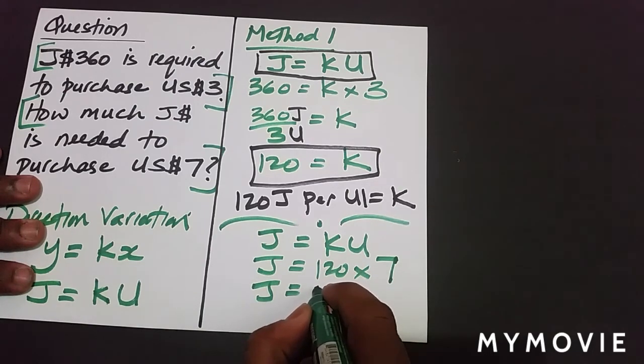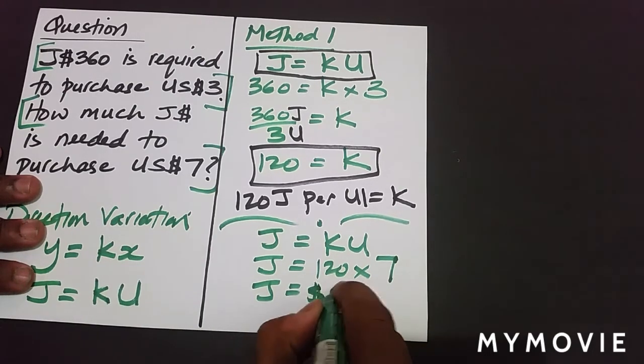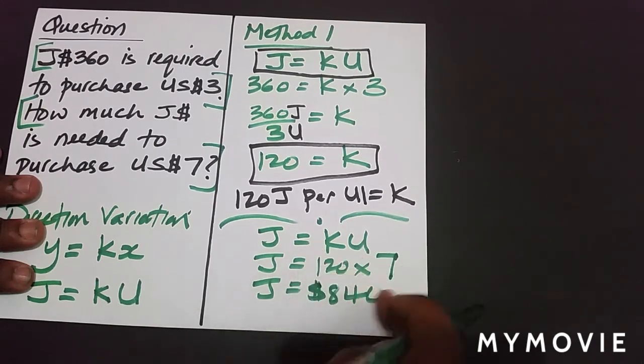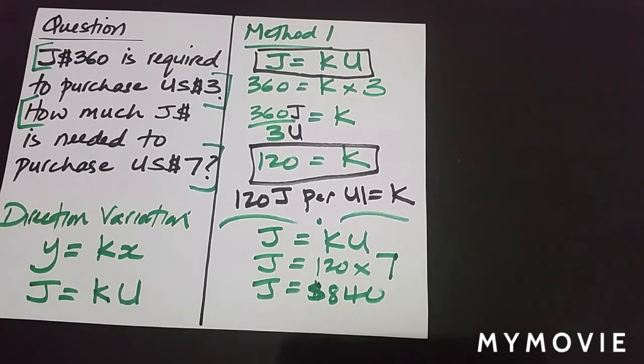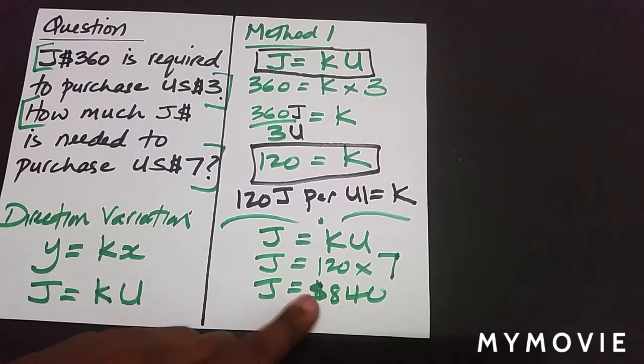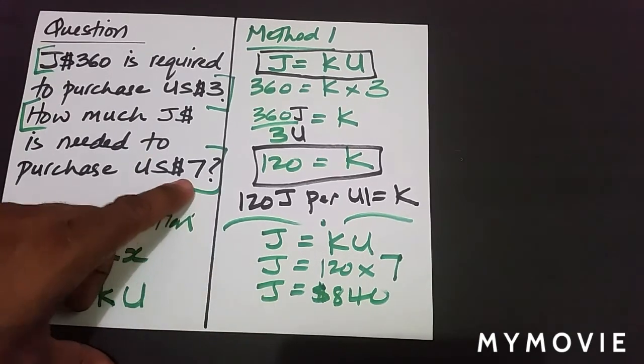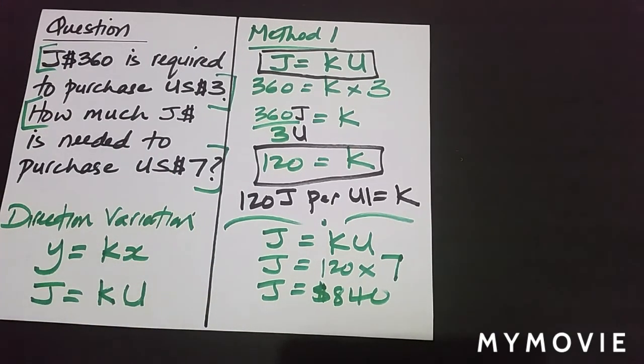So that would be 840. 7 times 2 is 14 and 1, 840. So what that means is that it would take 840 Jamaican dollars to purchase 7 US dollars. And that's simply how we interpret this.